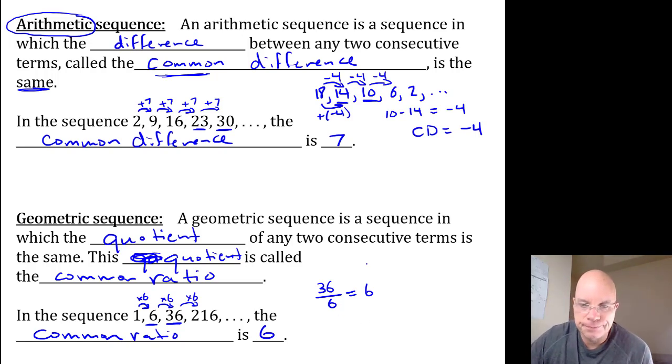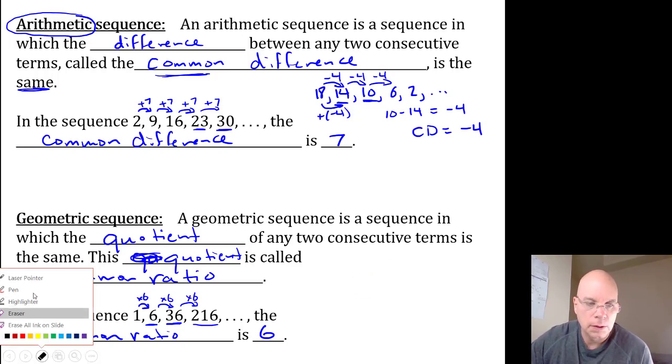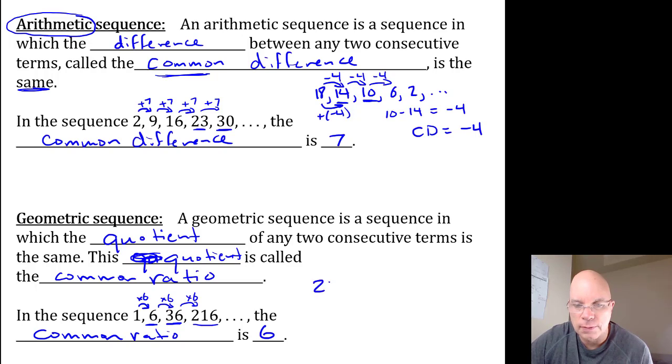If I just reversed this one, if I had like 216, I'm probably not giving myself enough room. Hold on. If I started this one this way, now I'm dividing by 6, not multiplying by 6.